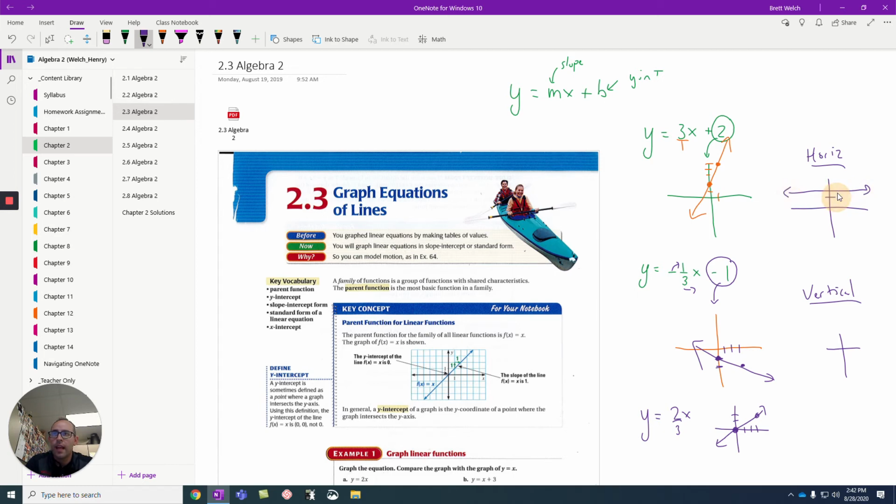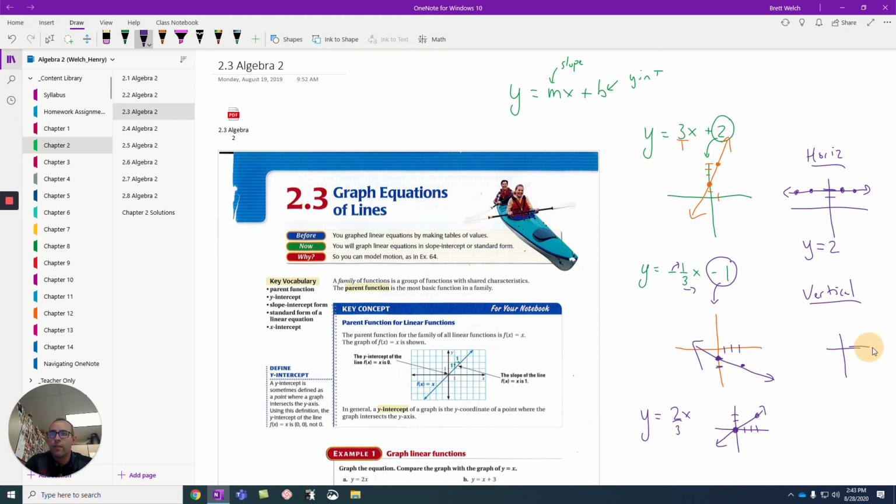Let's say that it's at 2. That means every point on this line has a y value equal to 2. So the equation would be y equals 2. Notice the x is not involved in this equation at all. That tells me the x can be whatever I want, but the y will always be 2.